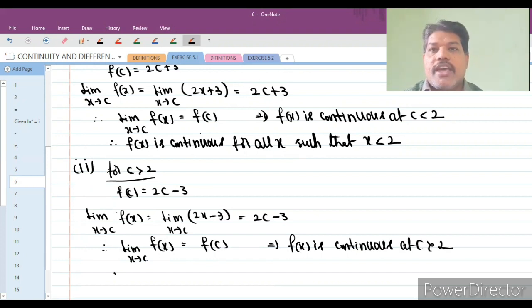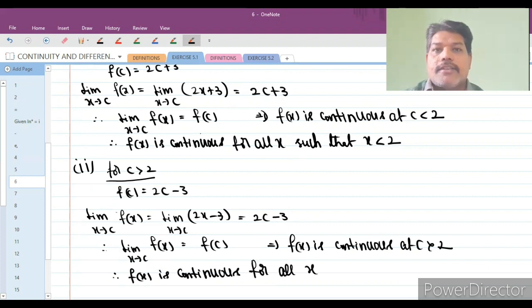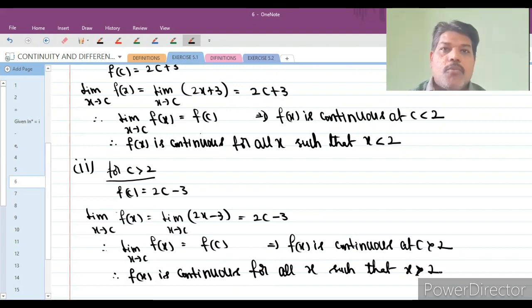That means f of x is continuous for all x such that x is greater than 2. Do you understand, students? So for c greater than 2 and c less than 2, in both cases we have proved it.